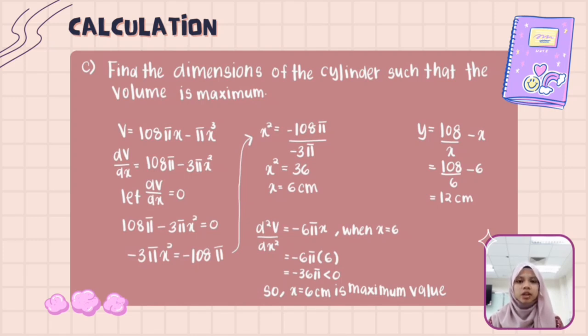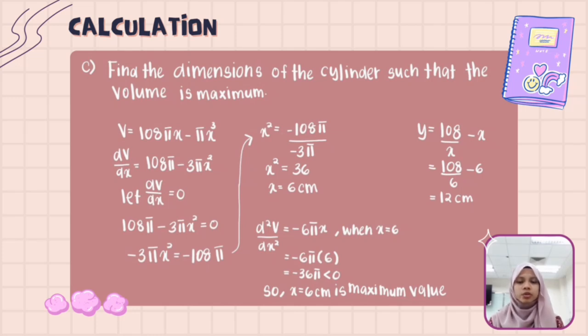So let dV over dx equal to 0, so that 108 pi minus 3 pi x squared equal to 0. So it will become negative 3 pi x squared equal to negative 108 pi. So x squared equal to negative 108 pi over negative 3 pi. So x squared equal to 36 and x is 6 cm, which is the radius.